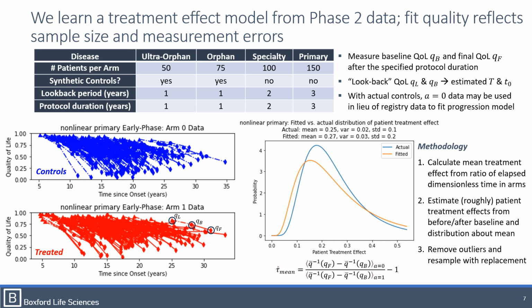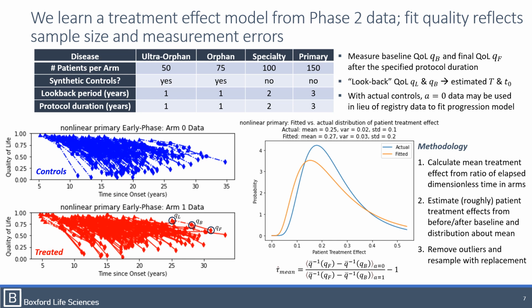And then we observe the patient for protocol duration from 1 to 3 years, growing as we have more slowly evolving diseases in primary. At bottom left, we see one example of synthetic phase 2 data for the nonlinear primary disease, with the controls in blue, untreated, and the treated patients in red.